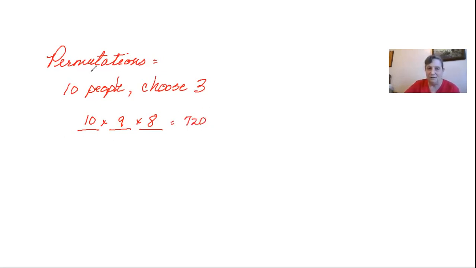Now the formula to do this, instead of having to reason it out like this, the formula for a permutation, and they can write it as nPr, or you can write P sub n r. You're going to have a button on your calculator. Or if you've got a graphing calculator, this may be hidden in a menu somewhere.